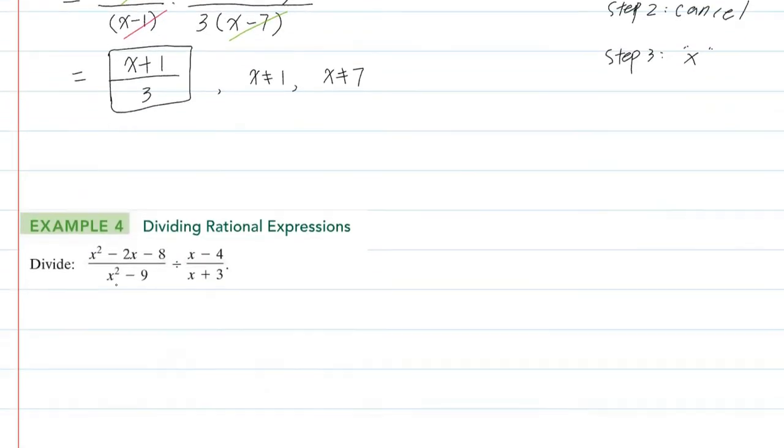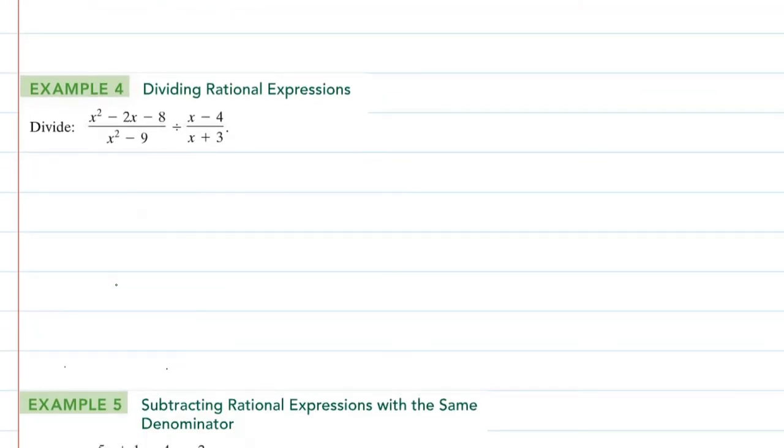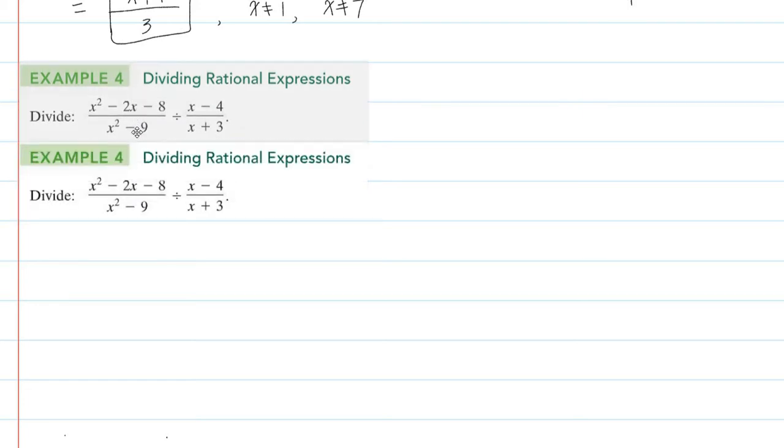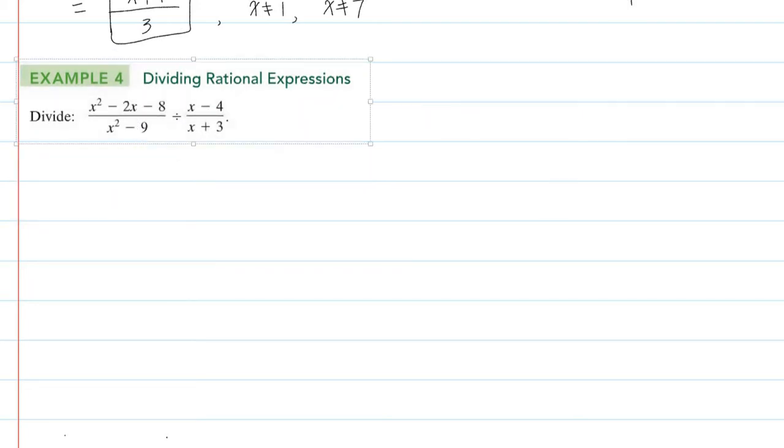Let's look at example 4. If you think it is too fast for you, all you have to do is pause the video and then play it slowly. Alright, let's look at example 4. Example 4 we have here, we're dividing the rational expressions.